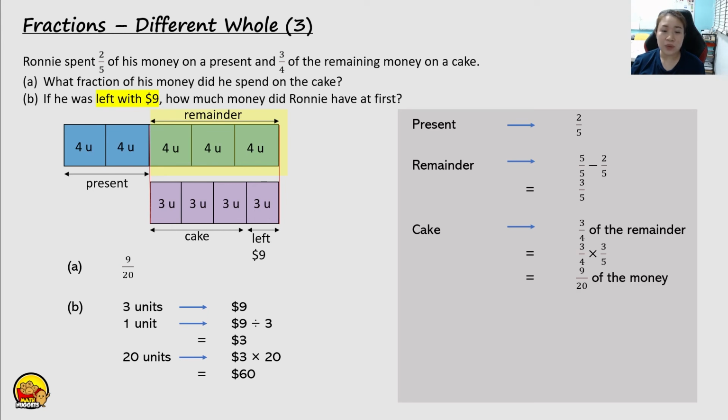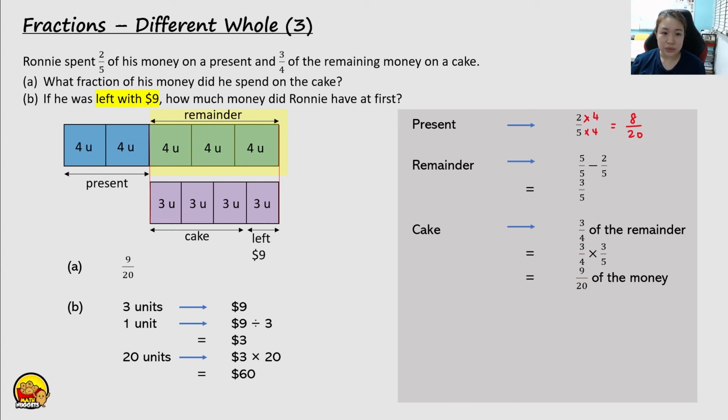Let's multiply and we get 9 out of 20 of the money. This tells us that 9 out of 20 of the money was spent on the cake. So if you see here, our denominator has changed. I'm going to change the denominator for the present as well to make it denominator 20.